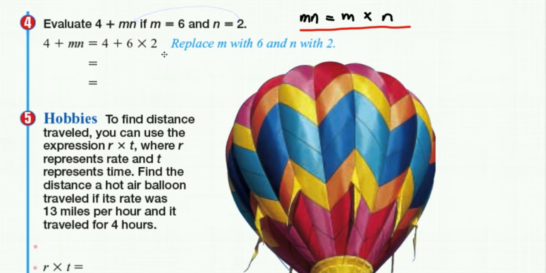Following the order of operations, we multiply 6 times 2, ending up with 4 plus 12. Add 4 plus 12, and we end up with 16.